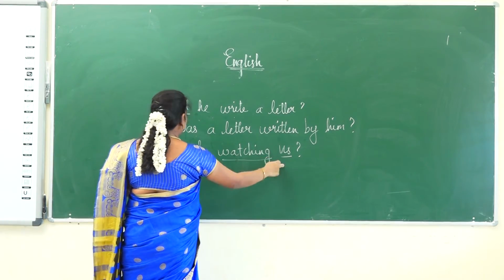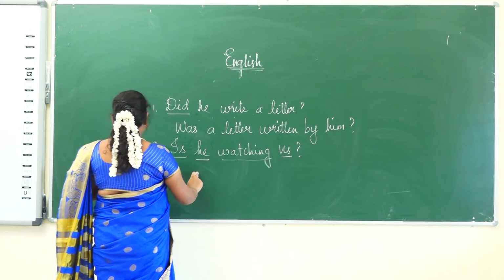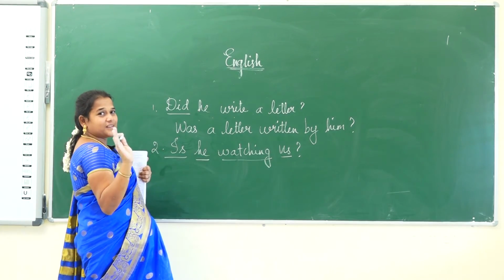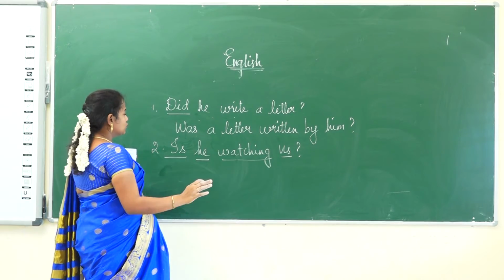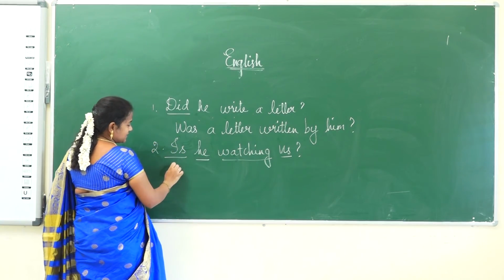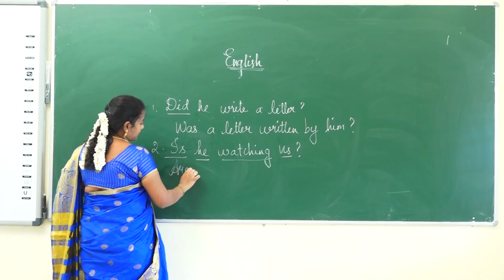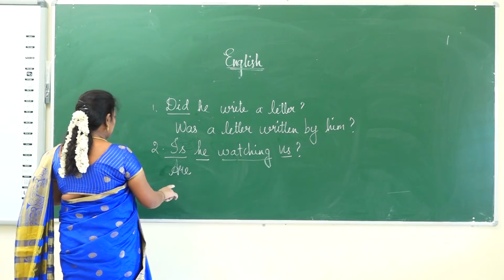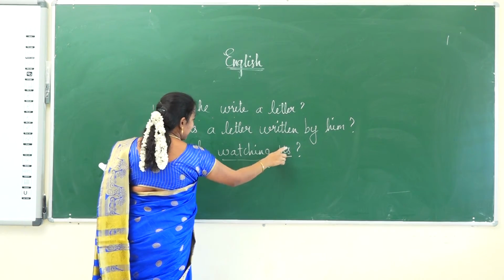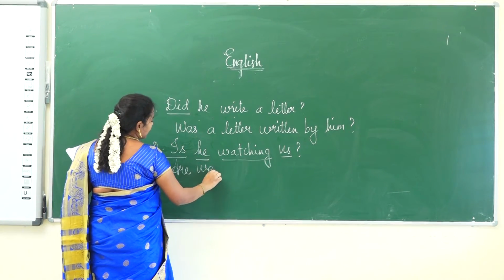So we have to place here. So we is in the form of plural or singular? We is in the form of plural. So which is the plural present tense? Are. So this singular verb will change into the plural form are. Then instead of us we have to write we.